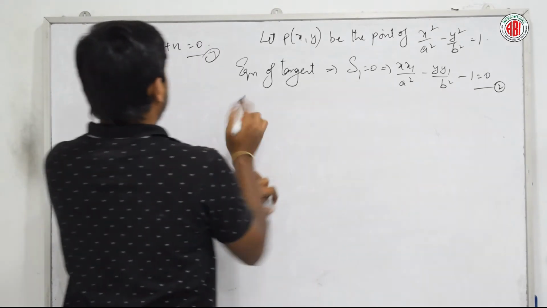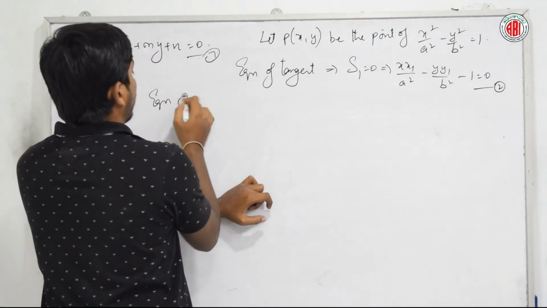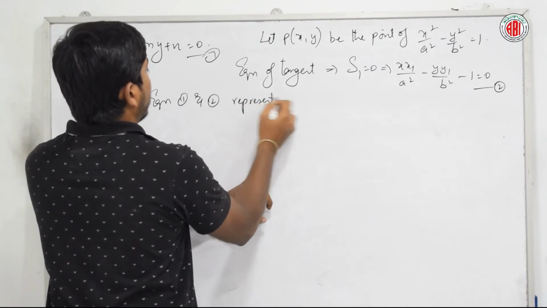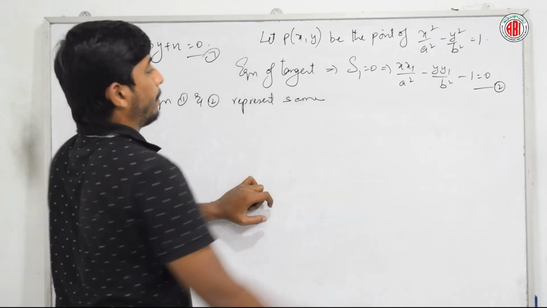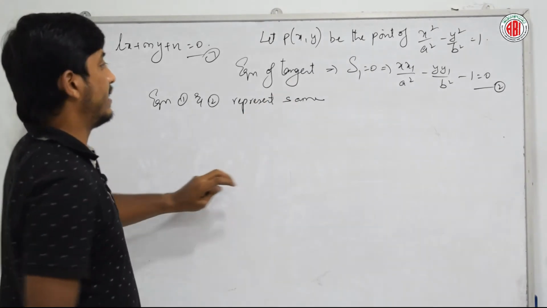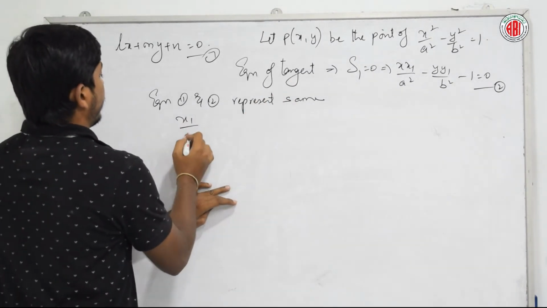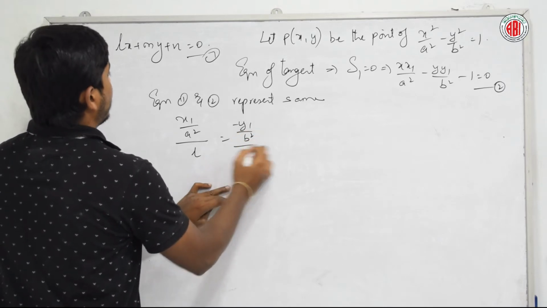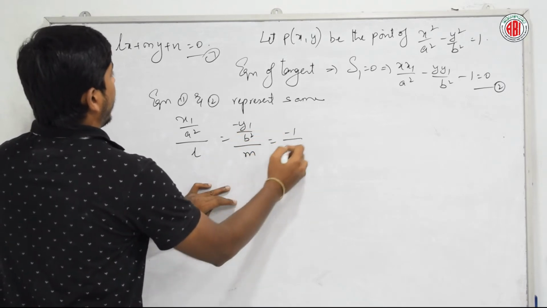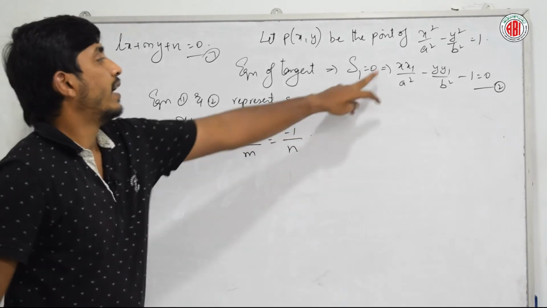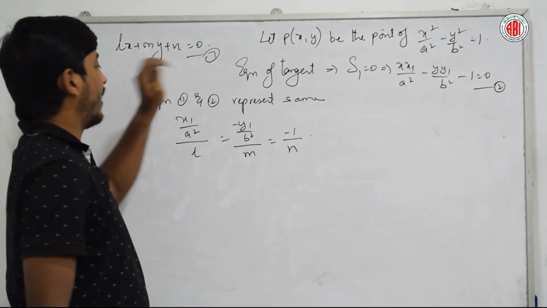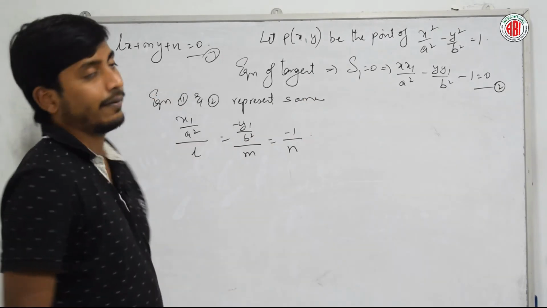Equation 1 and 2 represent the same line. Then we'll just divide it. x1 by a square by L minus y1 by b square is equal to m minus 1 by n. x1 by a square by L minus y1 by b square by m is equal to minus 1 by n.